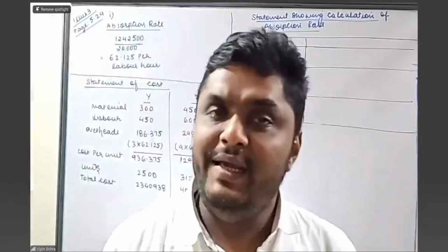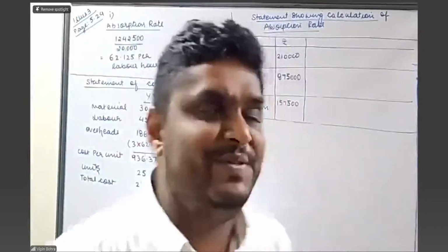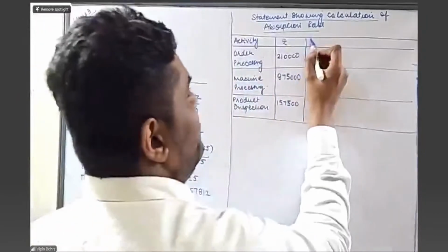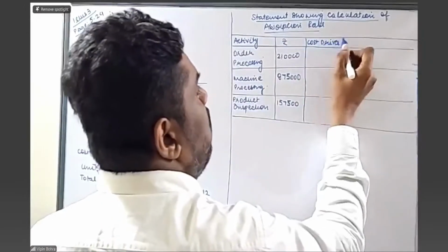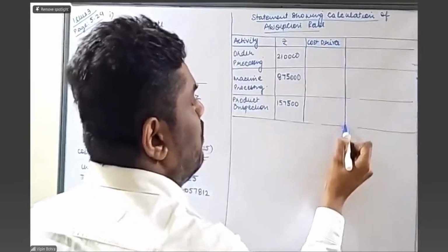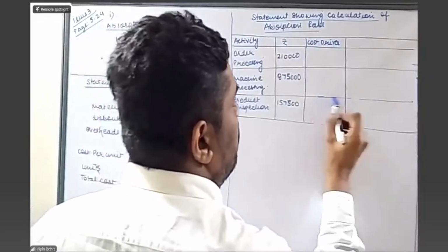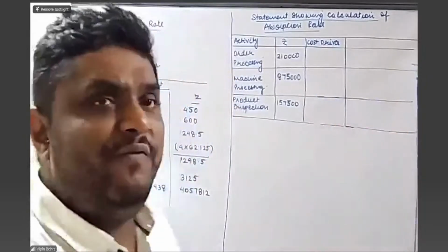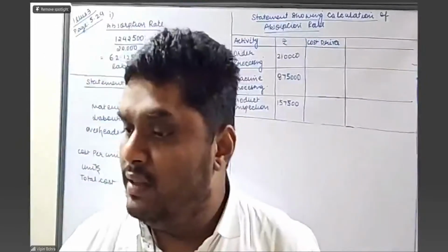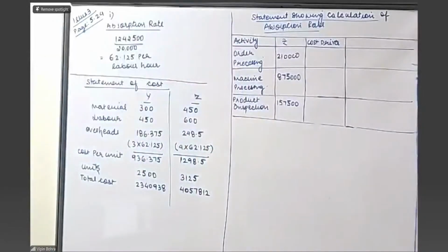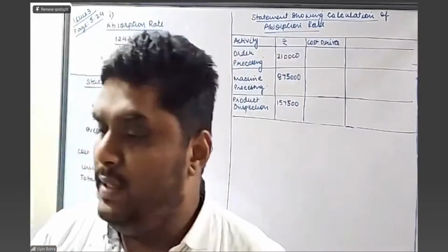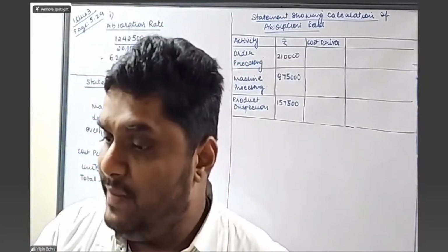For every activity, there is a separate basis of absorption. We call it a cost driver. So the information on the cost driver is also given. One second, guys. For every activity, there is a separate basis of absorption.